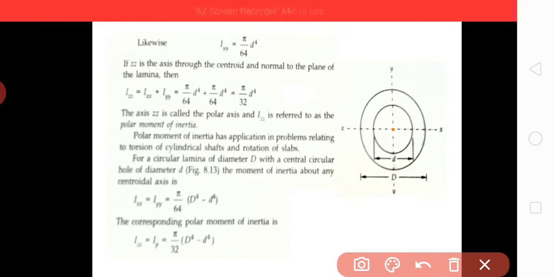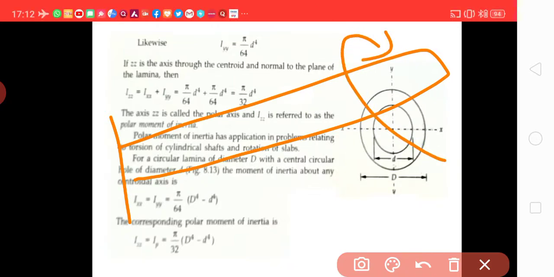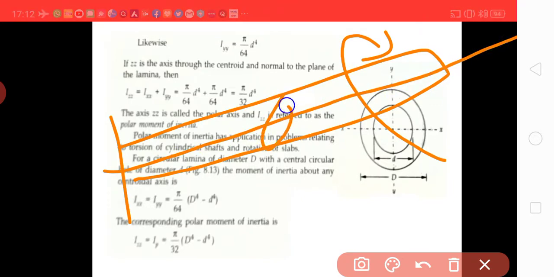And why do we call it polar? Because normally a circular shaft is like this, and when torque is applied, we say that the length of the shaft is more compared to its cross section.